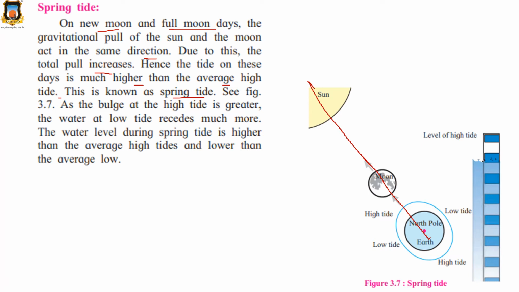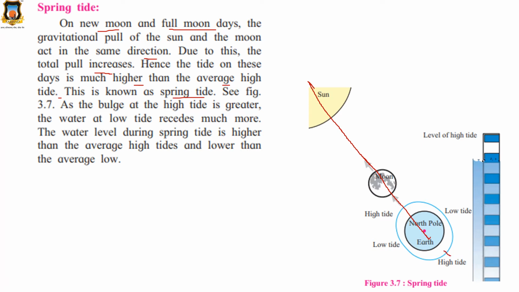What is spring tide? When the sun, the moon and the earth are in the same direction and the sun and the moon's gravitational pull is more. Okay. See figure 3.7. See the bulge, you can see the bulge.